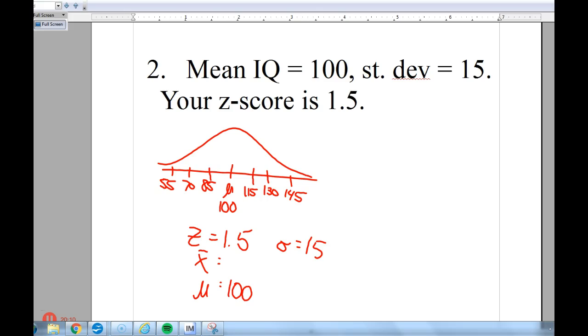Yes. That does get tougher if the mean is 99.78. But yeah.